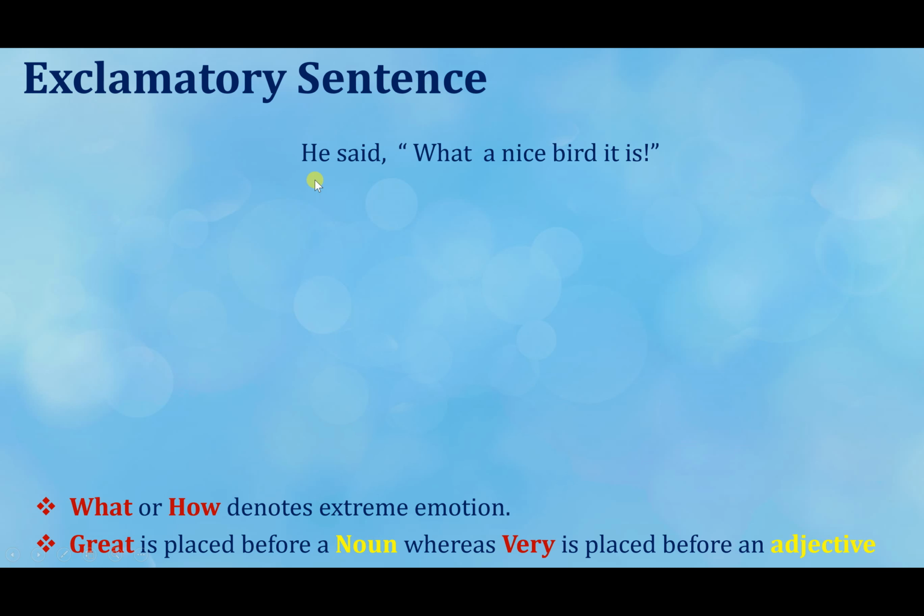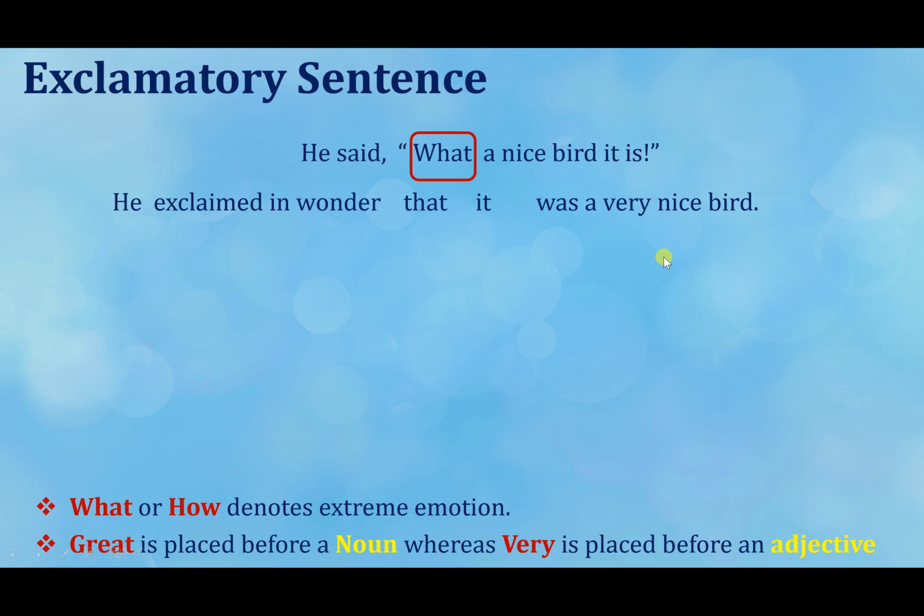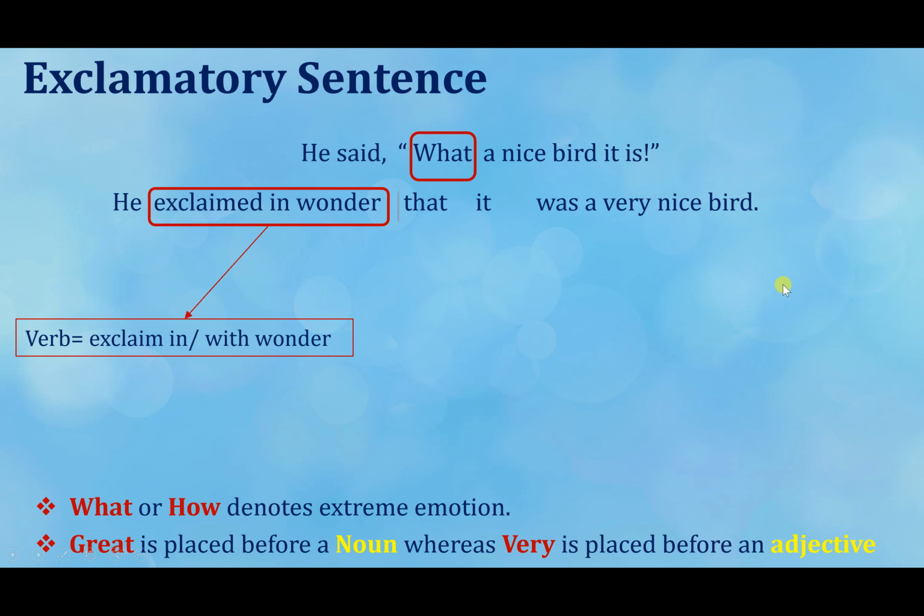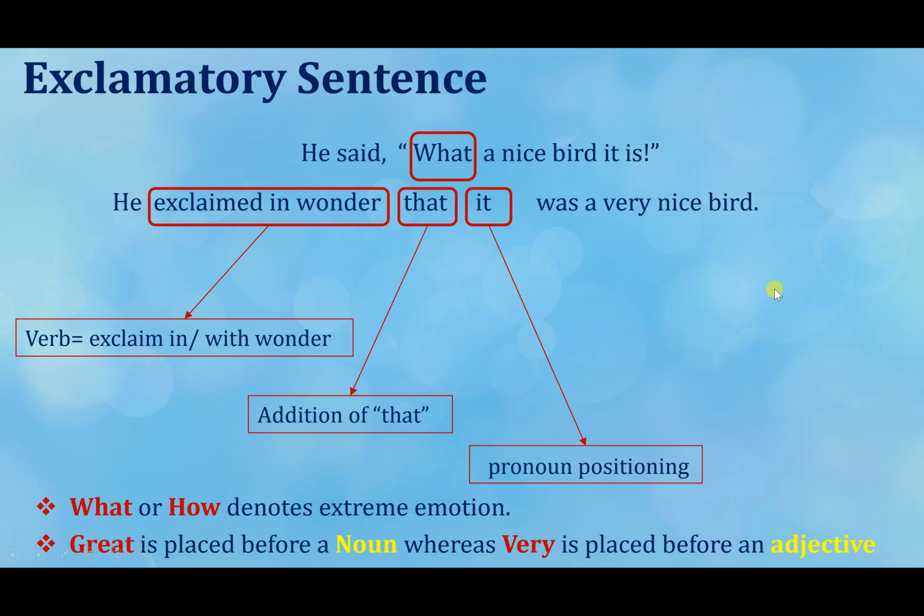We can say he exclaimed in wonder that it was very nice bird. The subject is it and the tense, it is, it was. Why I have used very? Because nice is an adjective. Following this, I have done this. Follow the changes within the red color. So this is how you have to change exclamatory sentence.